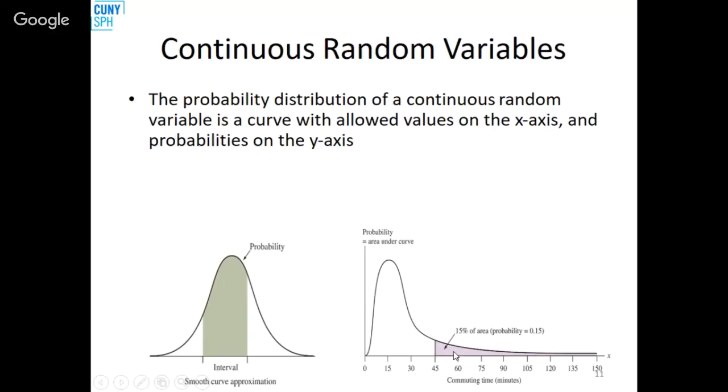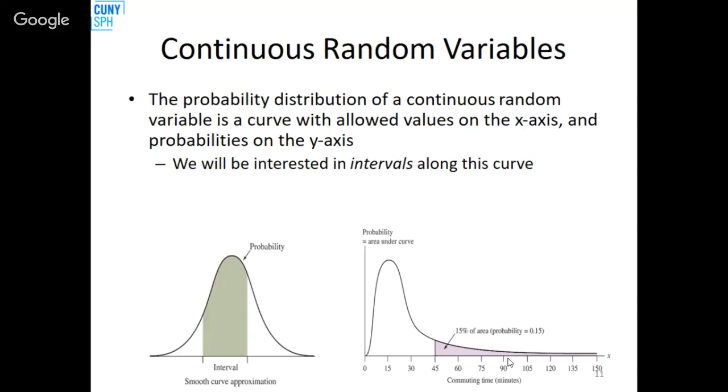And in the second plot, we've shaded an area that is the probability of an observation of this random variable taking a value of 45 or anything greater. So it's the cumulative probability of a range of possible values. That's something that is a bit different than with categorical variables.